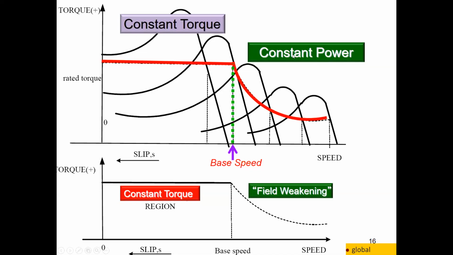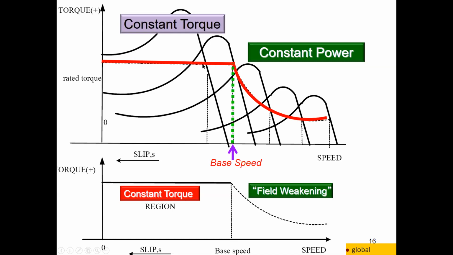And if you want the motor to produce a constant power output, you need to operate your motor in this region. So the division of the regions depends on the base speed. This is the torque speed characteristic of the motor.